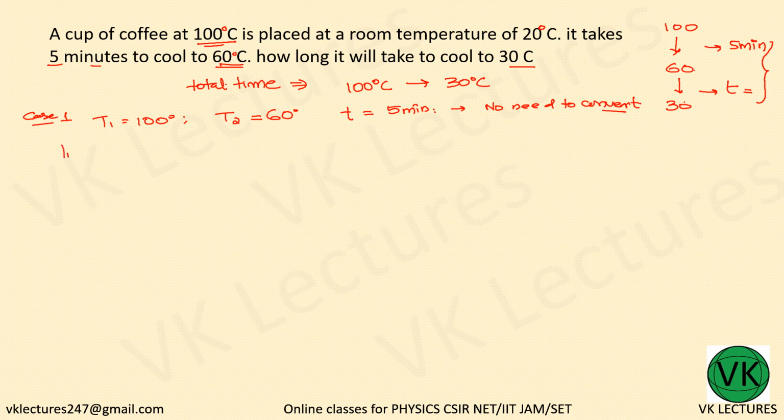So log of (T2 minus T0) by (T1 minus T0) is equal to minus kt. Now why minus kt? Because it is cooling down.